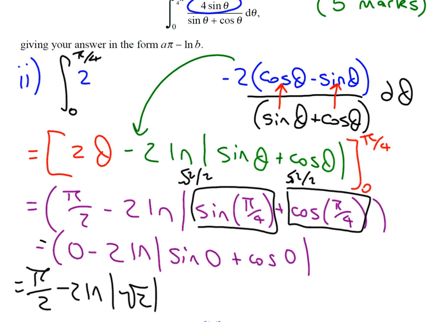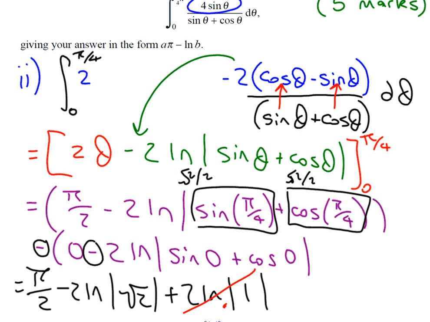And then you're doing minus 2 ln of sin 0, which is 0, plus cos 0, which is 1. And we all know that log of 1, any log of 1 is 0, because it means what power do we have to raise our base number by to get 1, which is 0. So that's going to go.